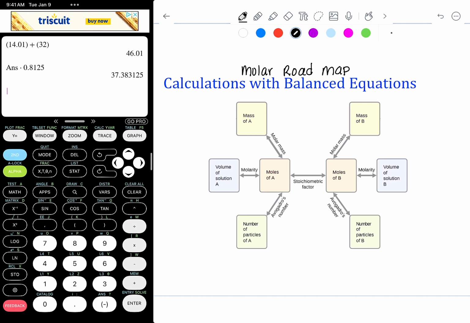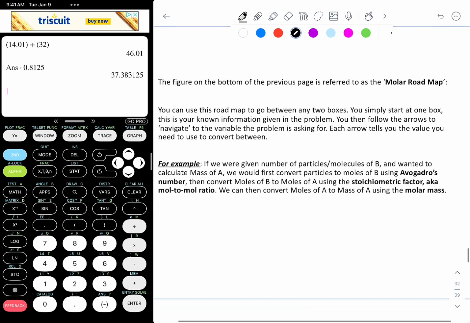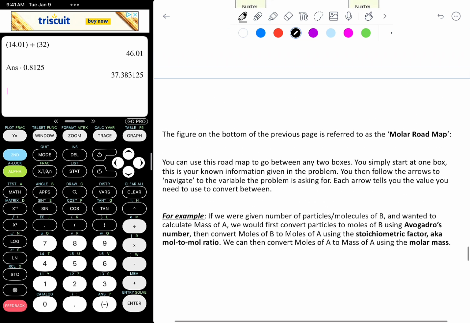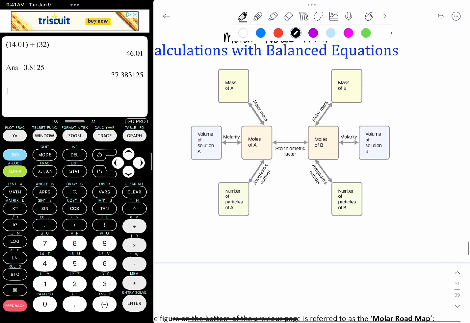So the example I give, I believe it's down here. For example, if we were given number of particles or molecules of B and wanted to calculate the mass of A, we would first convert the particles of B to moles of B. So we're starting at particles of B, so we're starting here, and we want to get to mass of A. So we follow the arrows in order to do that.